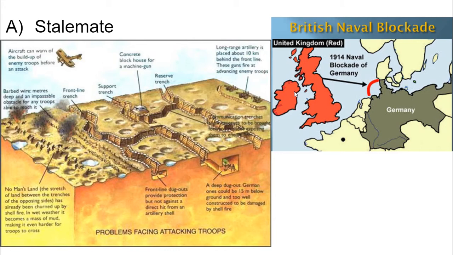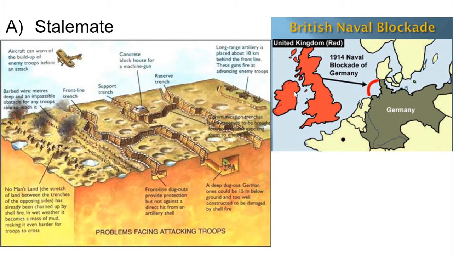We get the reserve trenches, and then we get the long-range artillery, and basically attacking into any of this stuff is suicide. The British, of course, blockade the Germans. The Germans start using submarines to blockade the British, and everyone tries to starve the other side out while launching massive human wave attacks that kill hundreds of thousands of people and gain basically no territory.